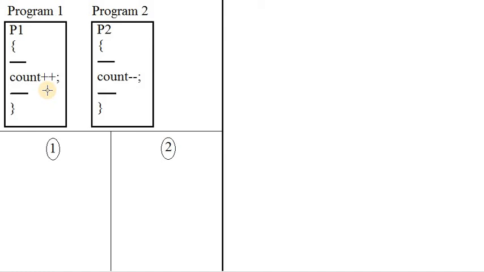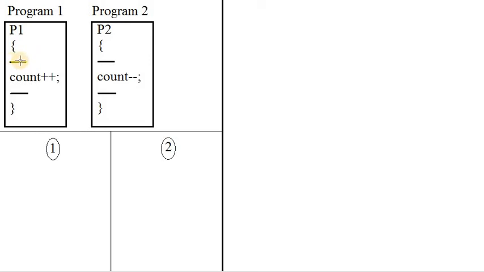We have three types of languages, that is low level language, middle level languages, and high level languages. So we should convert these instructions to machine level language instructions first. Let us convert only these two instructions, count plus plus and count minus minus. Why should I concentrate on these two instructions only, and not the remaining instructions indicated using this dash symbol?